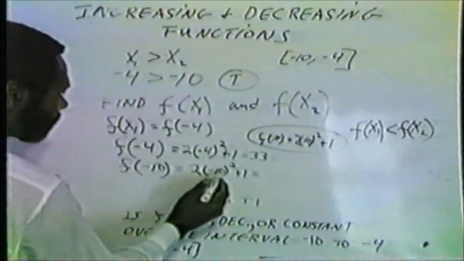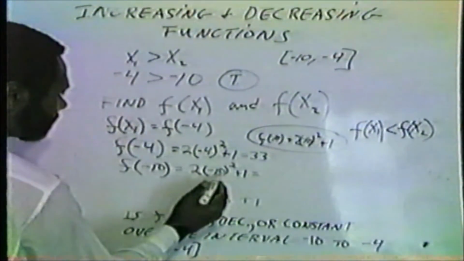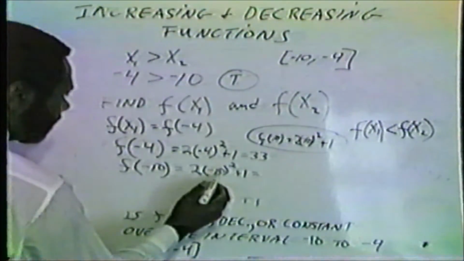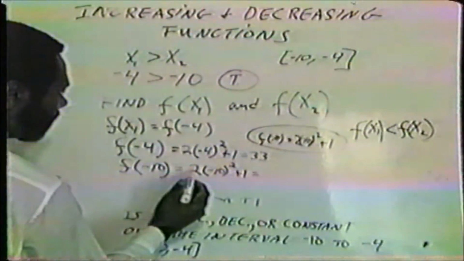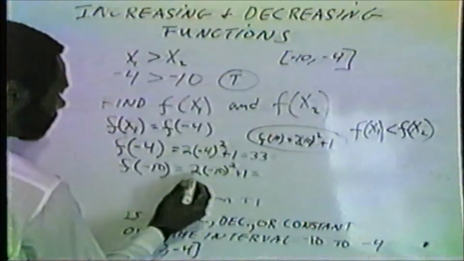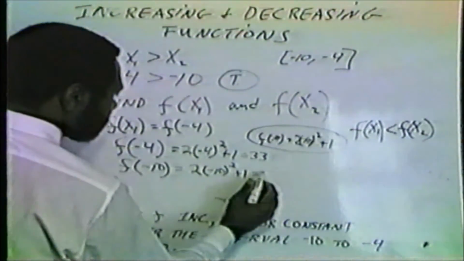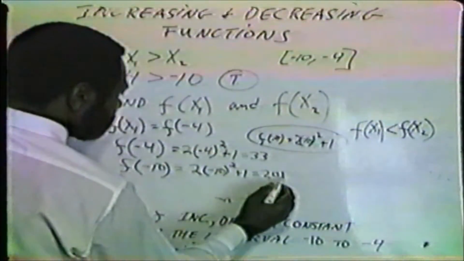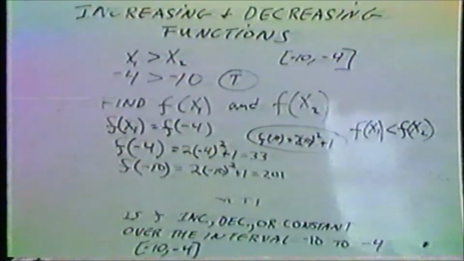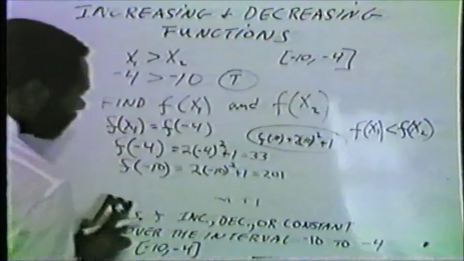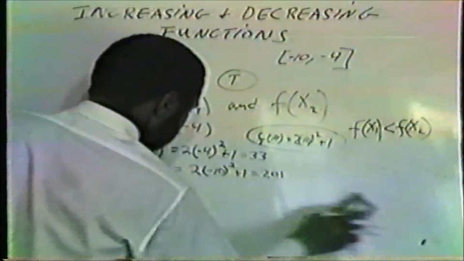Negative 10 squared is what? 100, right? 100 times 2 is 200, plus 1 gives us 201. So that's what f of negative 10 is equal to.